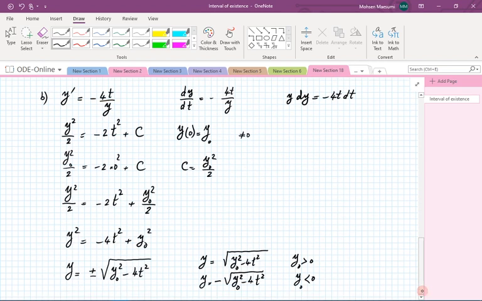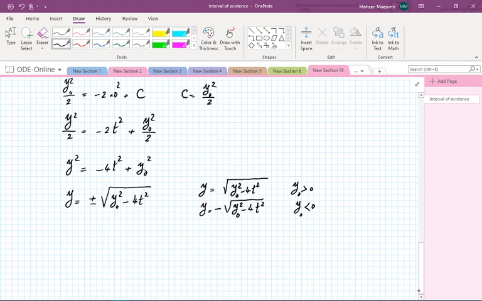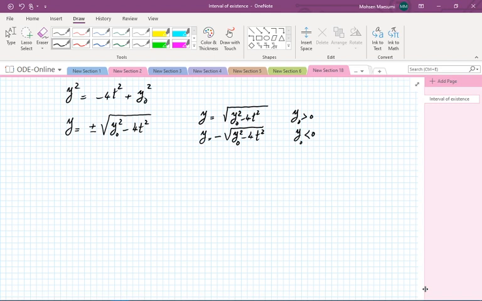So here you can do the same thing. If you are confused as to what to do, pick a number for y0. Like y0, say, is 5 or 10 or something. And then find out what the domain will be, and then come back and generalize that to all y0s.